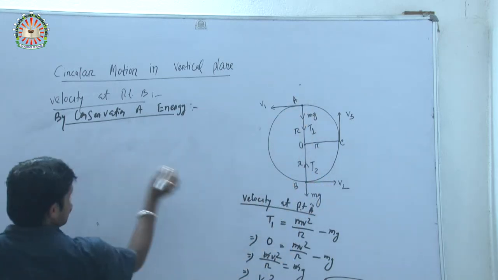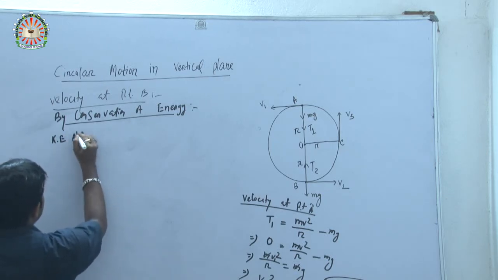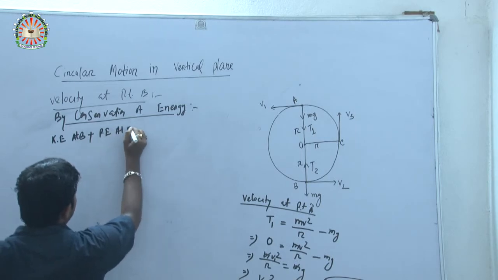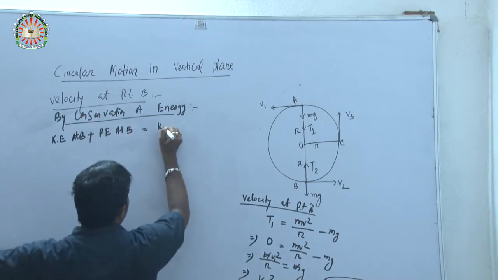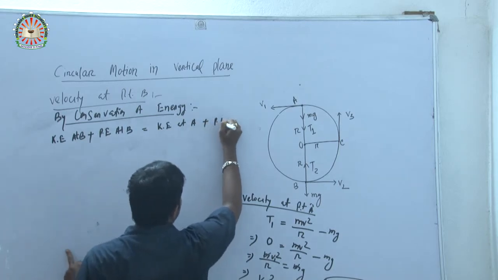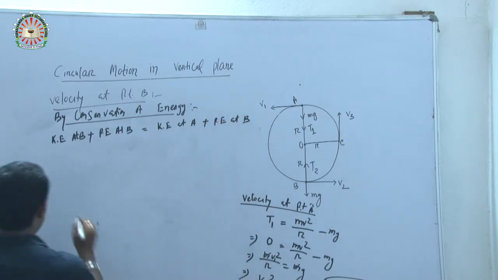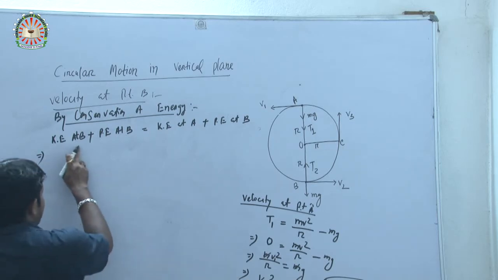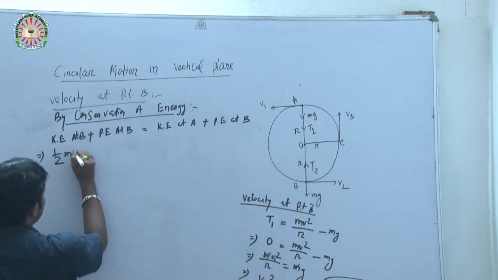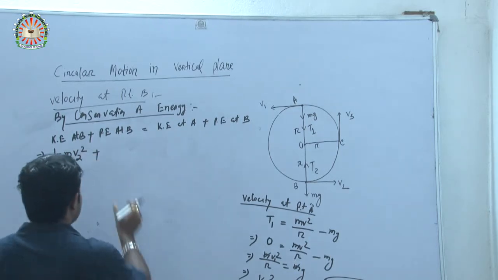Total energy at B means kinetic energy at B plus potential energy at B is equal to kinetic energy at A plus potential energy at A. So the kinetic energy at B is half m v2 square, plus the potential energy.